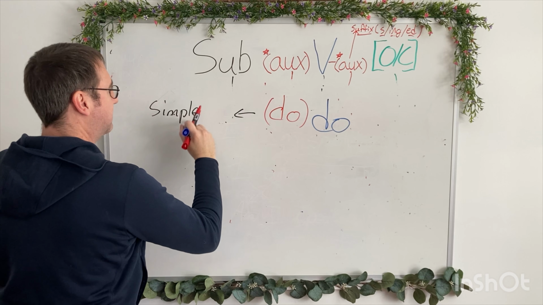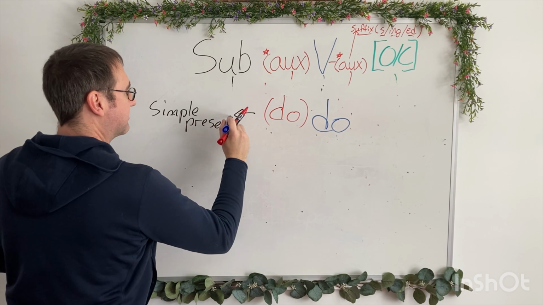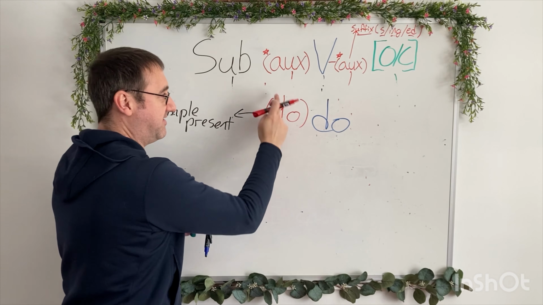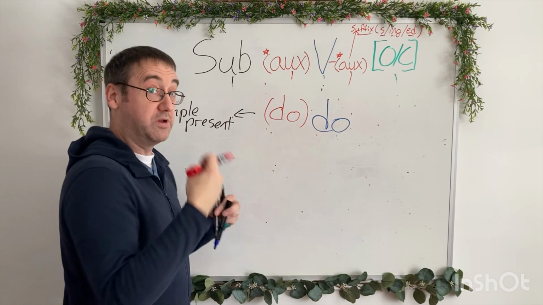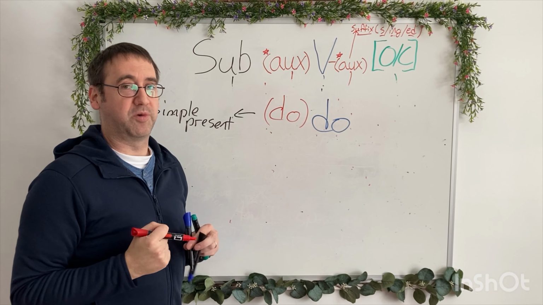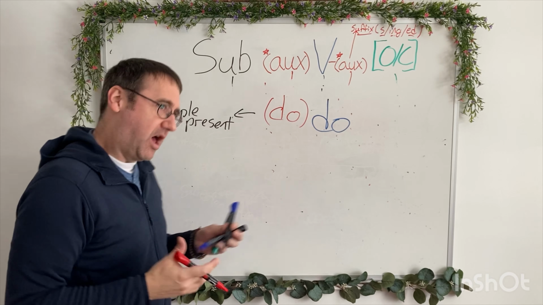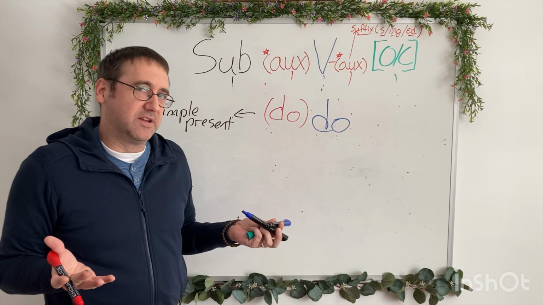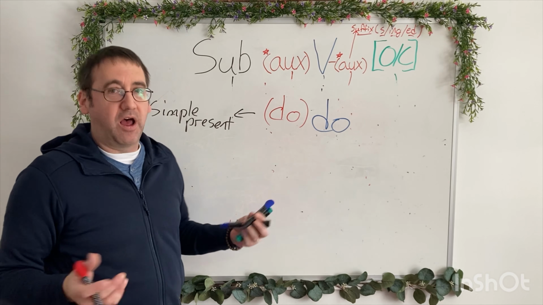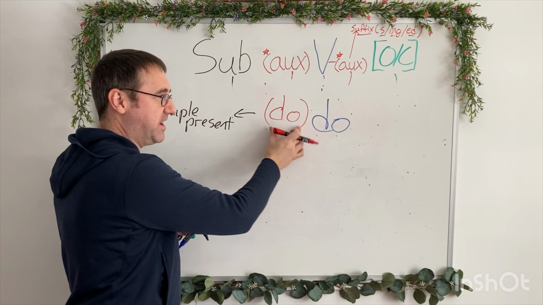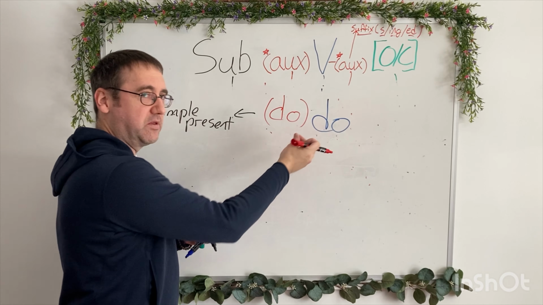That's what they call it in your books. Now, it's in brackets because sometimes you use it. I do shop online. I do practice English every day. Or I run. I do run, right? So one of them is strength, and if not, you just join them together, okay?